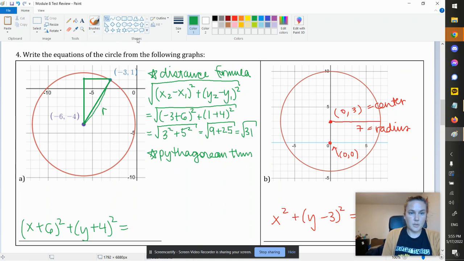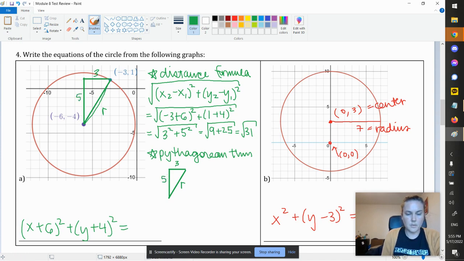If we're doing the Pythagorean theorem, again, we've got this triangle we're looking at, where this is the radius. Over here, it looks like this distance is 3, so we'll write that as a 3. This distance looks like 1, 2, 3, 4, 5.